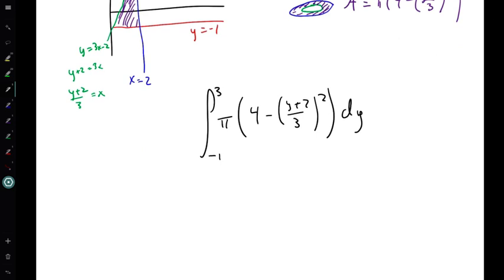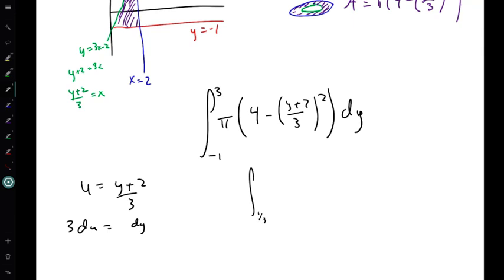Great. All right. So for strategies for integrating this, you have a lot of options here. I'm thinking maybe the easiest one is to set u equal to (y plus 2) over 3. So that du equals 1/3 dy, or in other words, 3 du equals dy. And now I want to convert this integral, so the y value -1 is going to correspond to the u value 1/3.